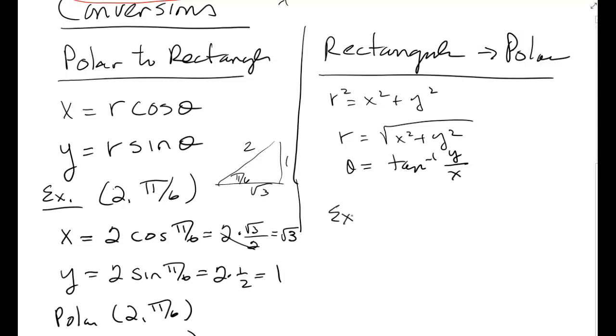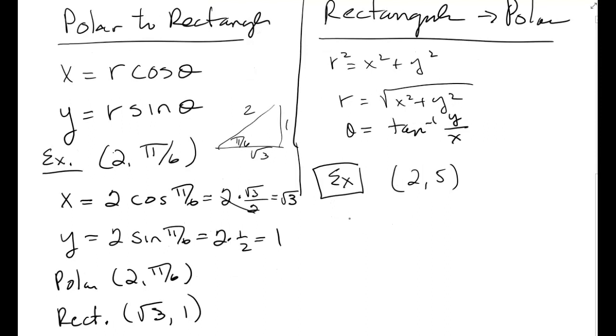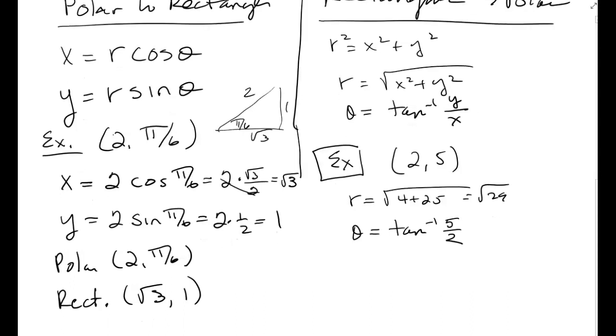So for an example, you can take absolutely any possible point. Let's do, I don't know, 2, 5. We'll keep it simple. So r equals the square root of 4 plus 25, square root of 29. Theta equals tan inverse of 5/2. Yeah, it is not a pretty point.